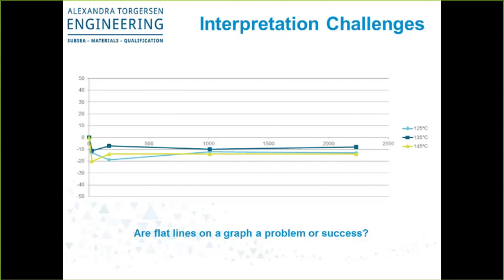So you do your testing, and this is just an example, where you end up with relatively flat curves. So again, our Swedish friend doesn't really have a good answer for what to do with a flat curve. In his approach, this would mean that your material would last indefinitely.